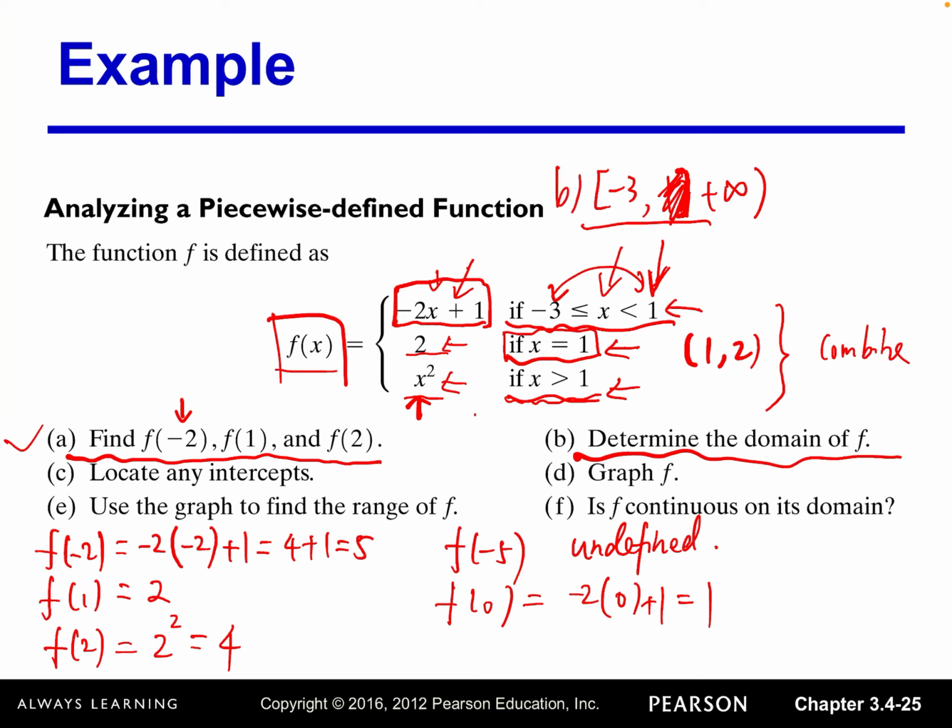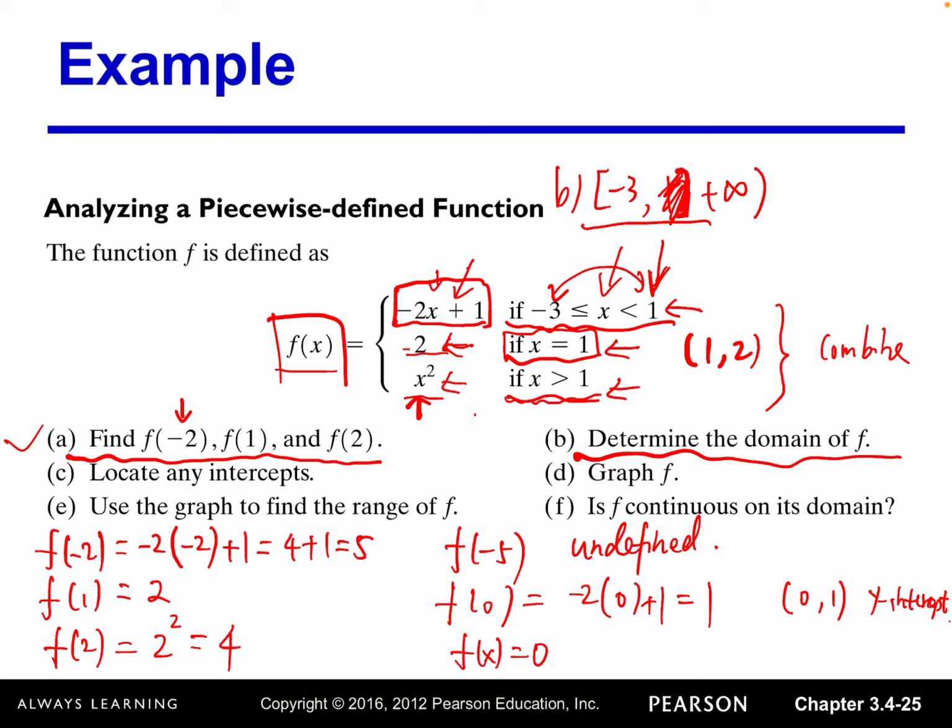Part C, locate any intercepts. Earlier we already evaluated f of 0 equals 1, right? So this is (0, 1), that's the y-intercept. What about the x-intercept? For the x-intercept, we need f of x equal to 0, or y equal to 0. In the second function, f of x equals 2, so it cannot be 0, that's a constant function.